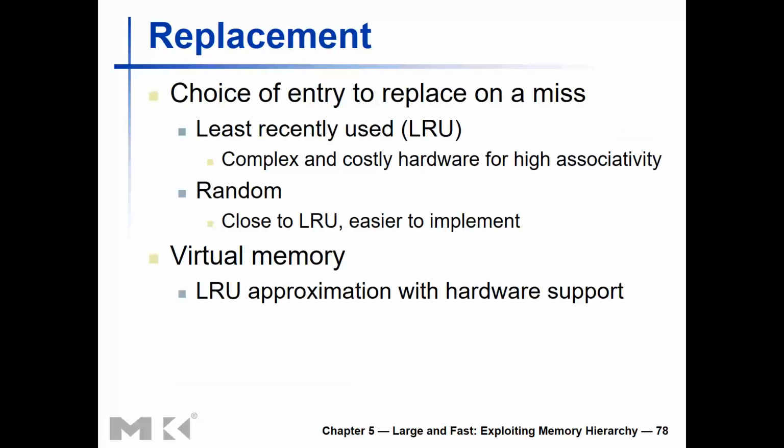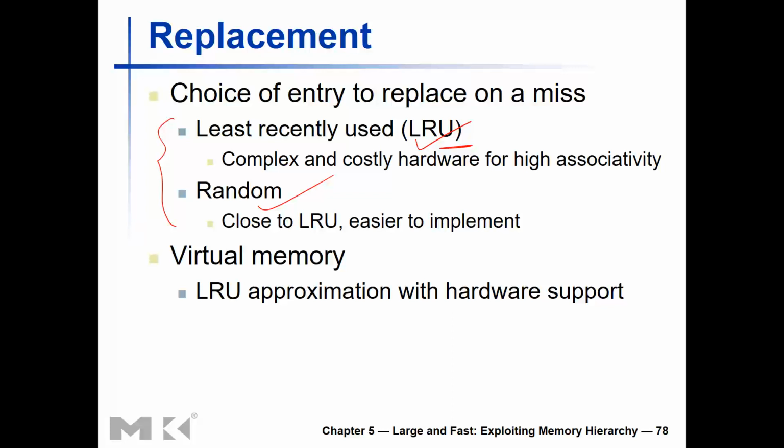Now the choice of replacement. We've said that in the case of the cache, you could use least recently used or random. If the associativity is not that high, you can choose least recently used. But as the associativity level increases, you have to keep the history of which has been used and which has not been used within the set, and that tends to increase the cost.